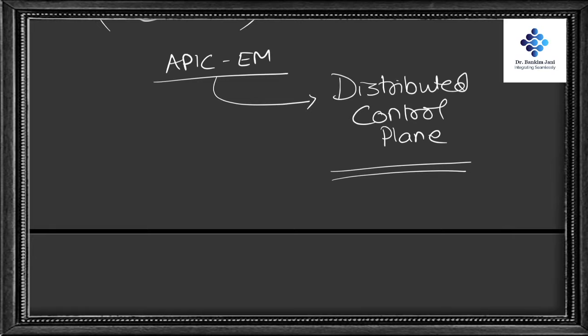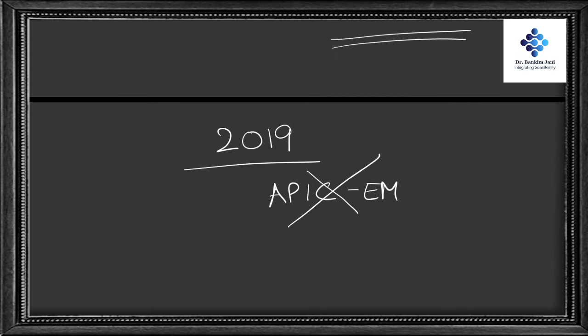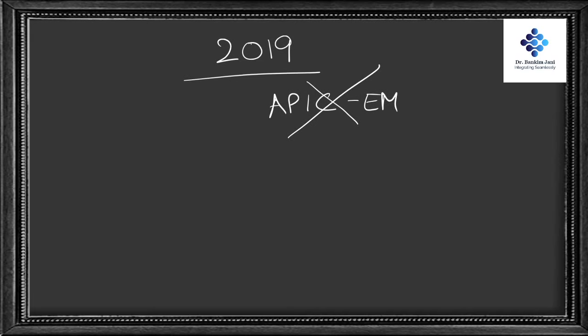Interesting thing, in 2019, as this new exam was getting launched, Cisco said that okay, APIC EM, no more. Why? They said we are coming up with something new, and that is where the Cisco DNA Center comes in.